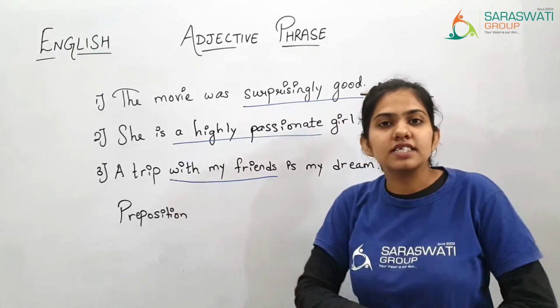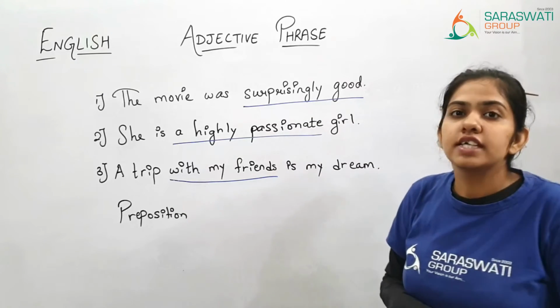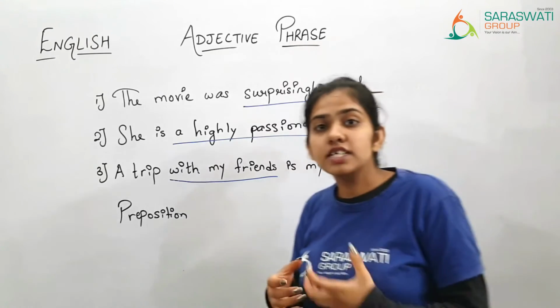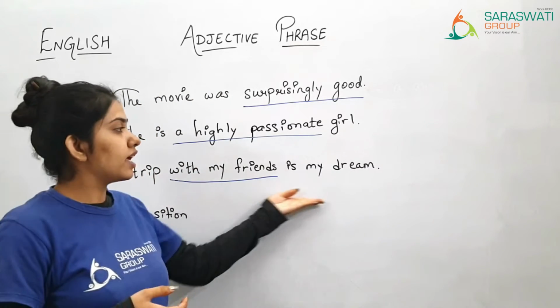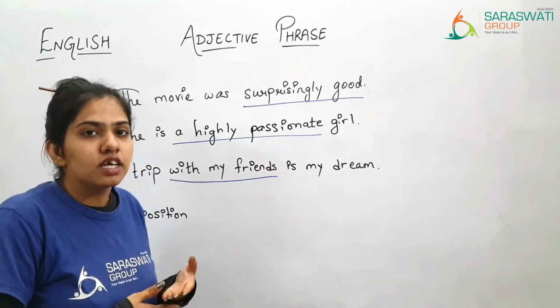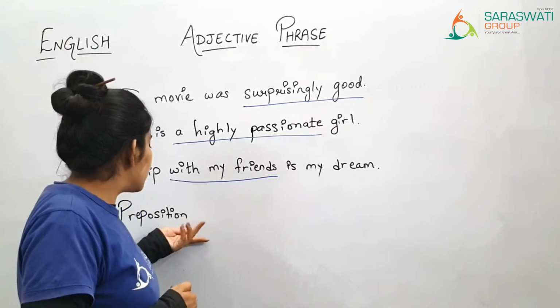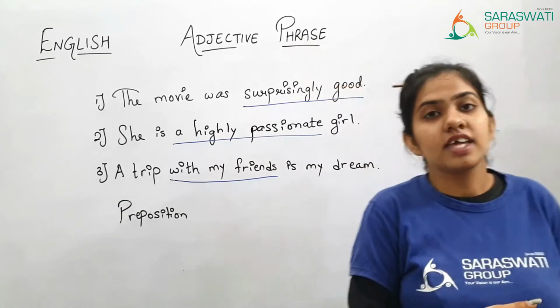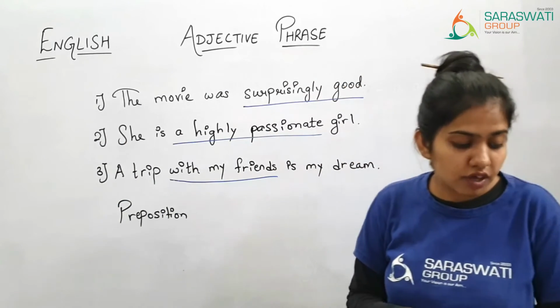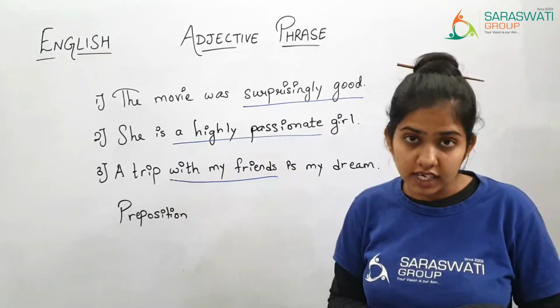So it is not necessary that all the time it starts with an adjective. When there is no adjective in the sentence, यानी कि जब ये sentence में एक भी adjective नहीं है, right? तो जब sentence में preposition से जो शुरू होता है, that will become your adjective phrase, right?